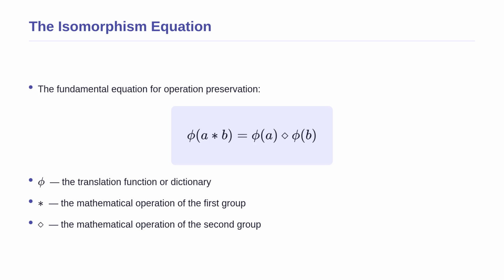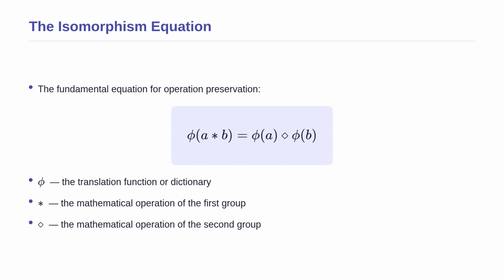Let us translate this idea of operation preservation into a mathematical formula. The equation you see here is the fundamental test for any isomorphism. The symbol phi represents our translation function, or the dictionary mapping elements from the first group to the second. The star symbol represents the mathematical operation of the first group, like addition.